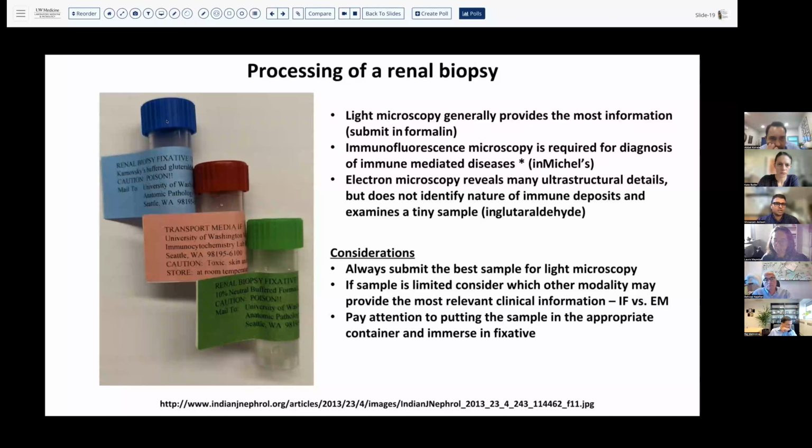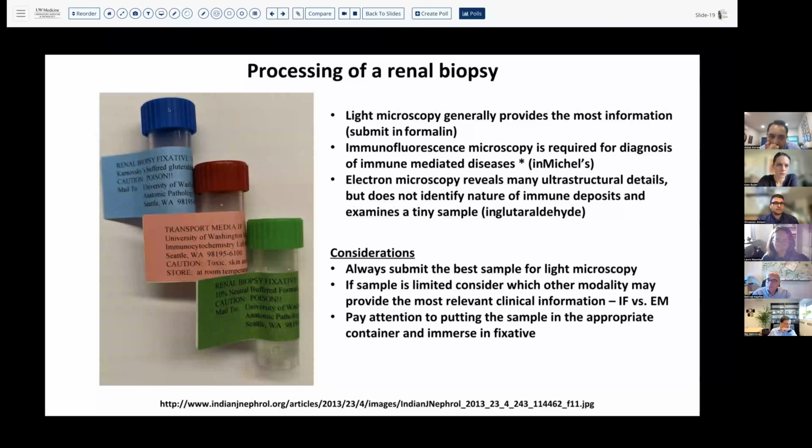And finally, the third container contains glutaraldehyde-based buffer. And this is used for electron microscopy studies, the ultrastructural examination. This is going to be important for detecting amyloid fibrils, foot process effacement, and nephrotic diseases, the localization of deposits, abnormalities of glomerular basement membrane structure, and Alport-like syndromes as well.